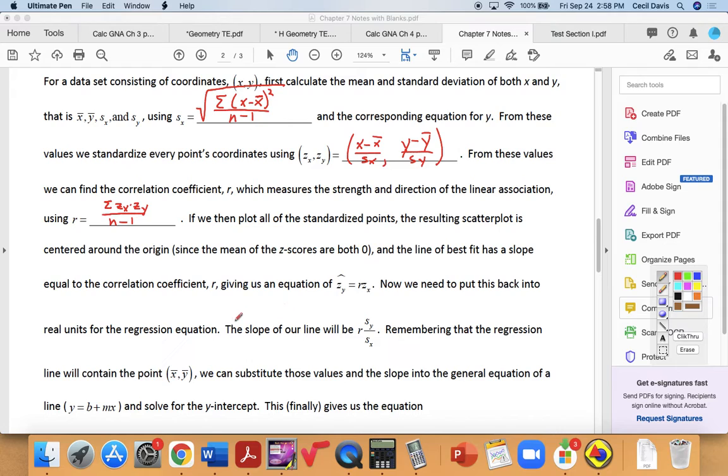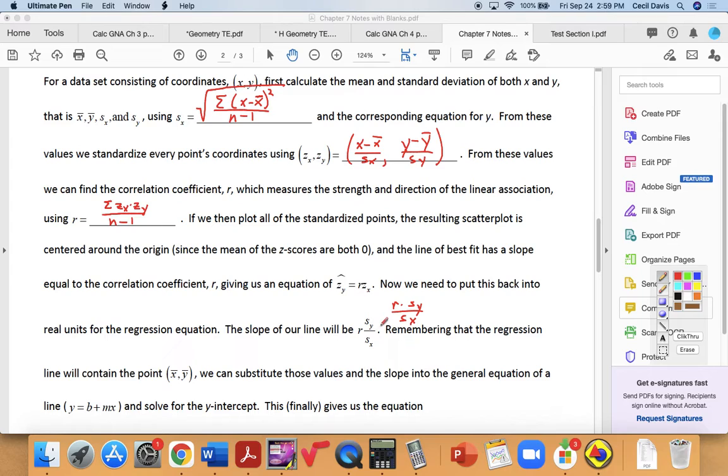Now, we need to put this back into real units for the regression equation. The slope of our line, and your book writes this differently than I do. I write it as r times the standard deviation in y over the standard deviation in x. They write it as r times the standard deviation in y over the standard deviation in x. It's the same thing, obviously.